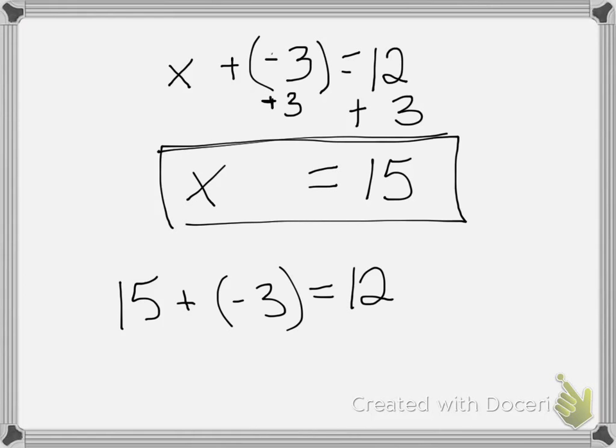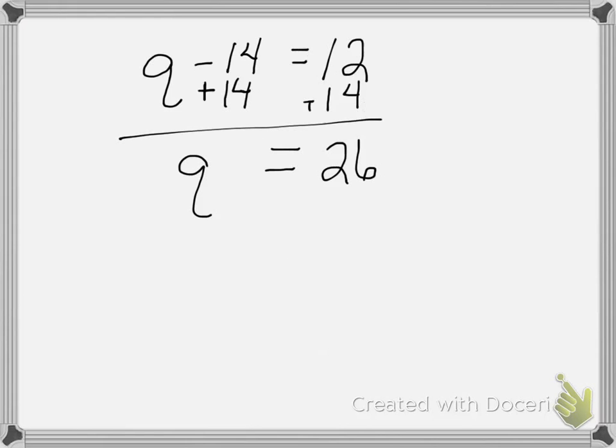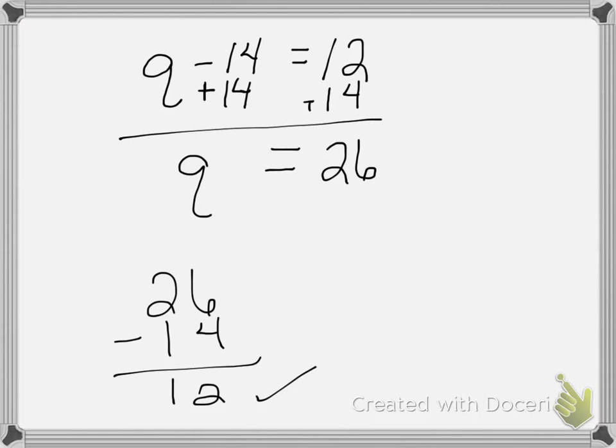So these have different signs. 15 minus 3 we know is 12. Then keep the sign of the larger number. The larger number is 15. So 12 equals 12. That one's true. Okay, let's go back to this one. 26 take away 14. 26 minus 14 is, in fact, 12. So that one worked.